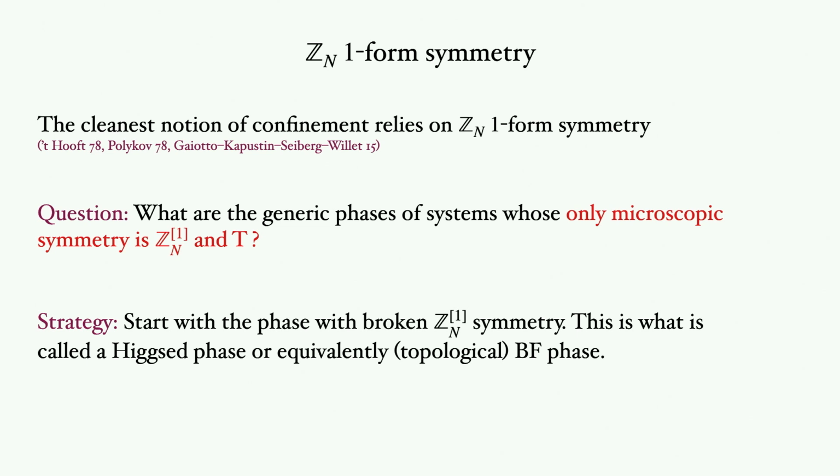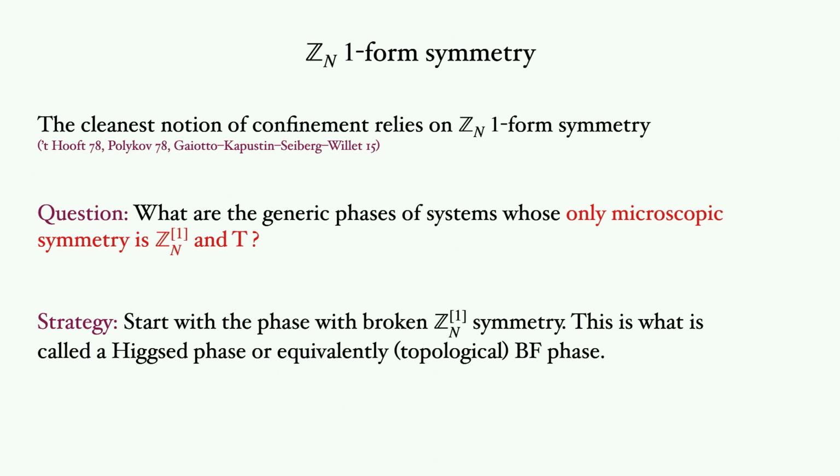The question is the following. Let us take a gauge theory whose only microscopic symmetry is Z_N one-form and time reversal. I put this for simplicity. This class of theories includes pure Yang-Mills, Z_N gauge theory, or pure Yang-Mills with adjoint matter, as you wish.